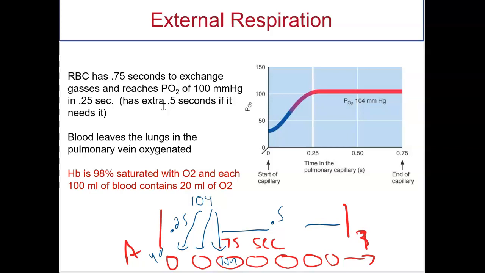So when you have a patient and their PO2 levels are low, they've exceeded that extra half a second. Like there's something going on in their lungs. And so again, we say that it leaves 98% saturated, and every 100 mLs of blood is going to have 20 mLs of oxygen.